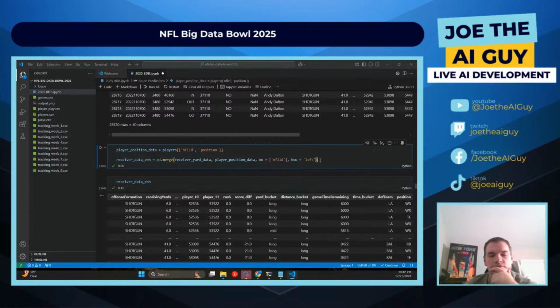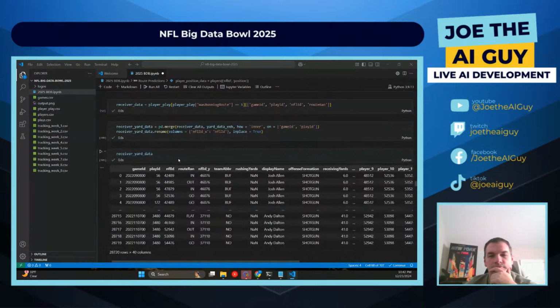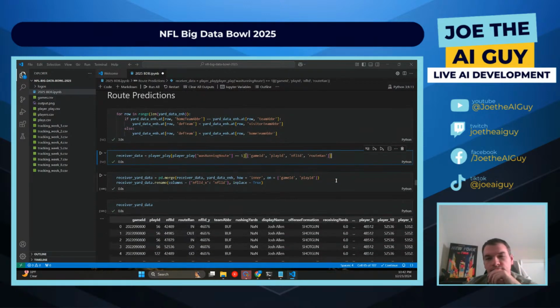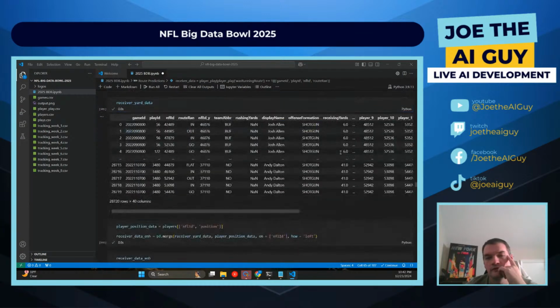So, I started with the yard data enhanced and merged in that, but maybe that's not the right way to do this. Right, so maybe this should come up.